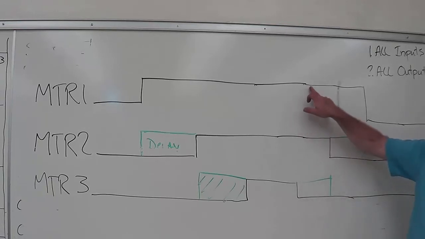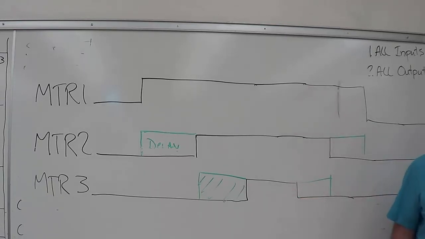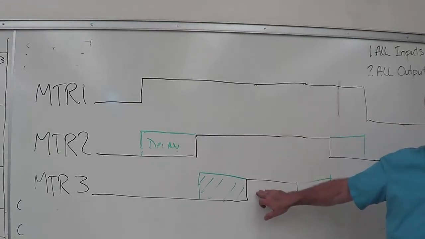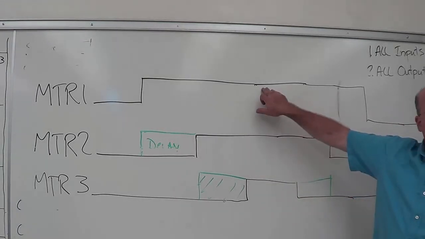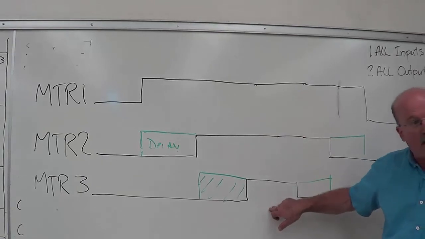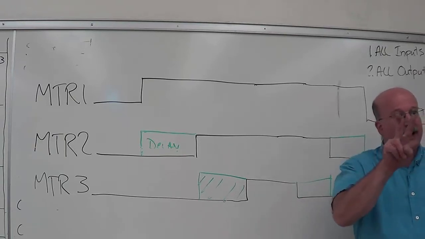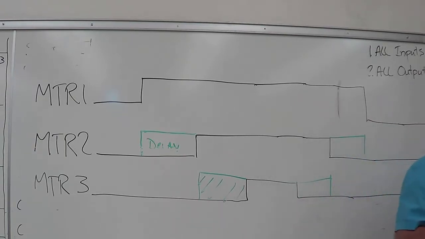Okay? So if motor 1 is on and motor 3 is off, we must be in a delay also, the off delay, right? So if I need to know if I'm in a startup or shutdown delay, all I need to do is look at the first motor and the last motor. If the first motor is on and the last motor is off, we're either in a startup or a shutdown delay. And you can do that with 2 contacts.